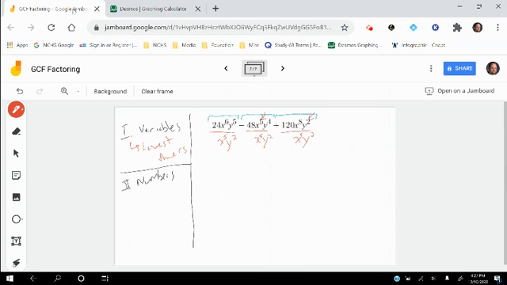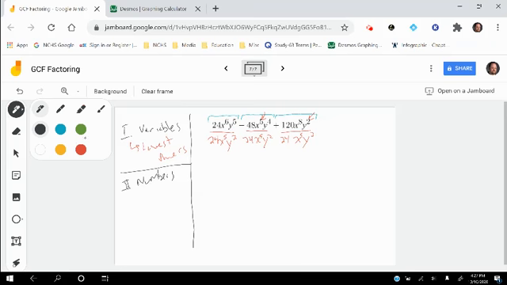So if I flip back to our first tab, I'm now going to fill in my numbers. We know that we're going to have 24. I'm going to show you another way to do this in a moment. So that gives us, we just do our division now.